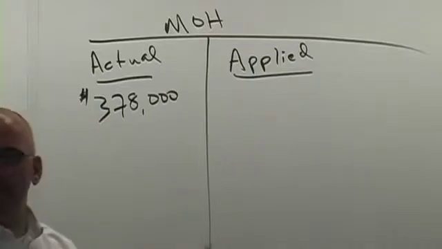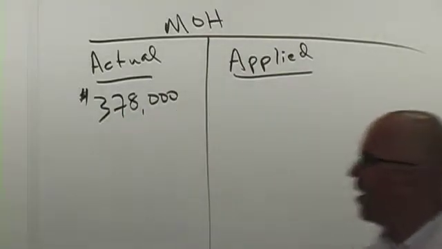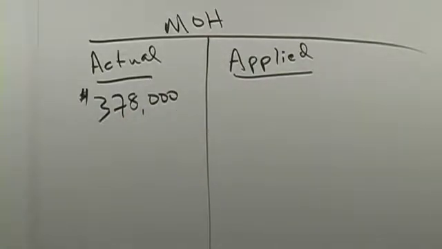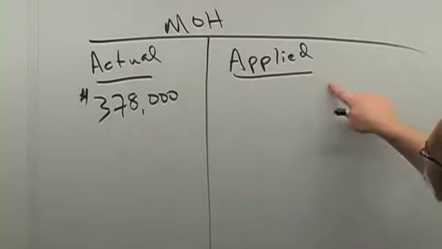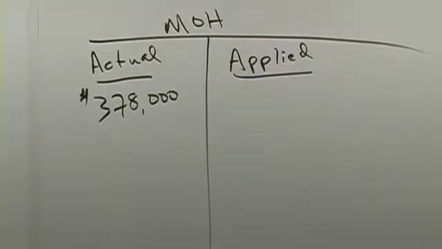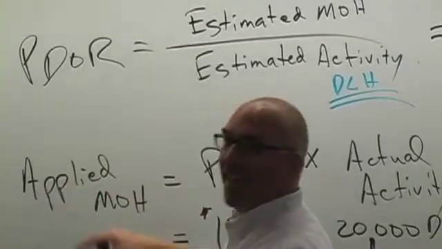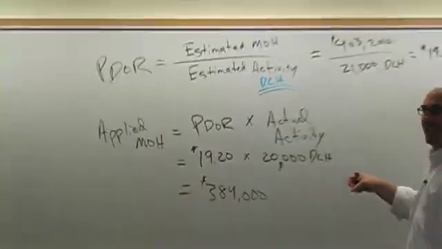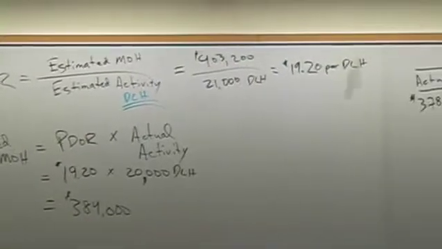Okay, so what goes on the credit side? Probably estimated. What word does that? 403,000.